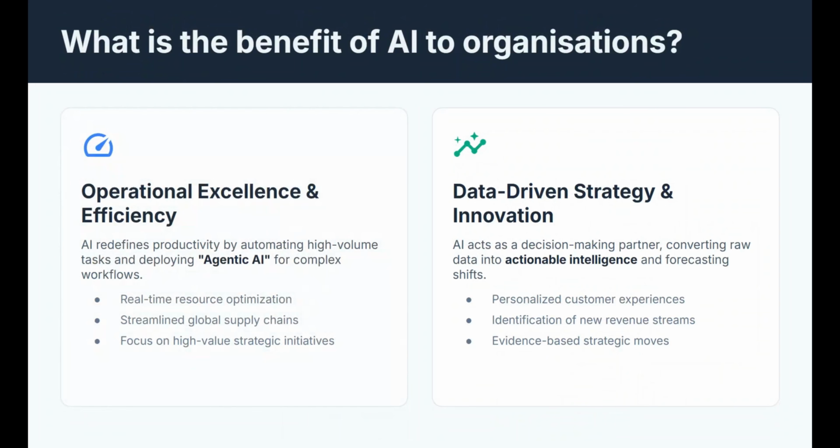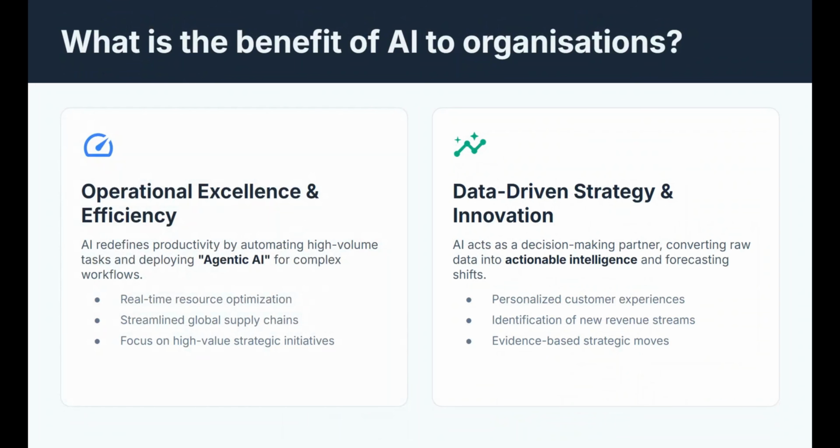Now, the first benefit is operational excellence and efficiency. AI fundamentally redefines productivity by automating high volume repetitive tasks and deploying what's known as agentic AI, which are autonomous systems capable of managing complex workflows with minimal oversight.